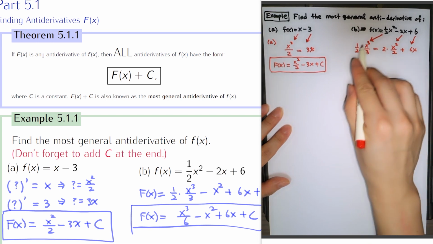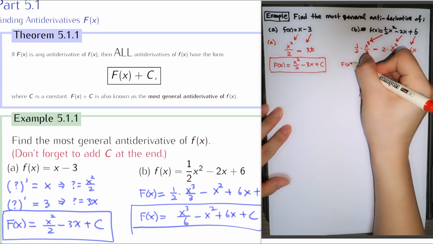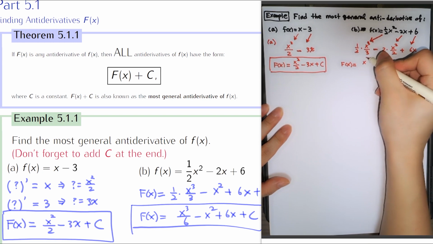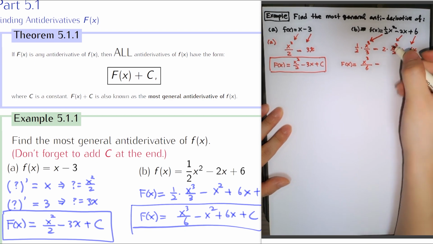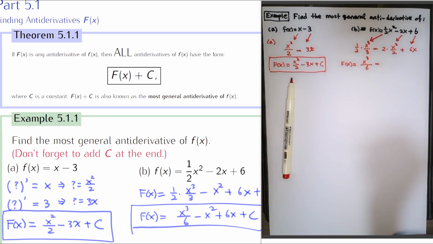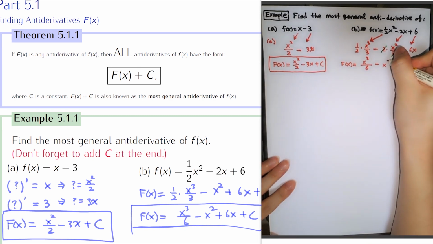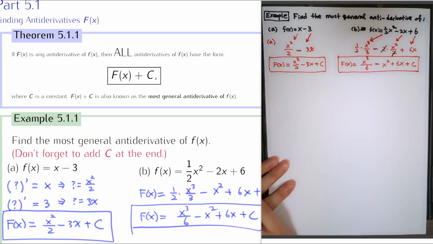So altogether, the most general antiderivative can be written as big F of x equals 1 times x cubed over 2 times 3, which is 6, minus, here 2 and 2 cancel with each other, so it becomes x squared plus 6x plus c. Okay, that's the end of finding the most general antiderivative of these functions. If you have any questions, please let me know by email.